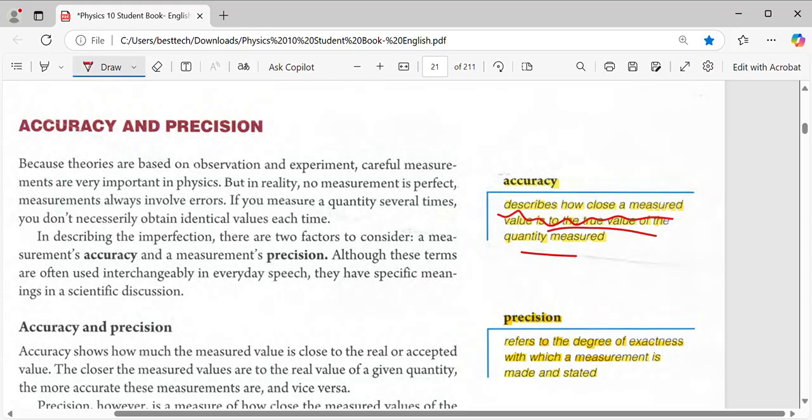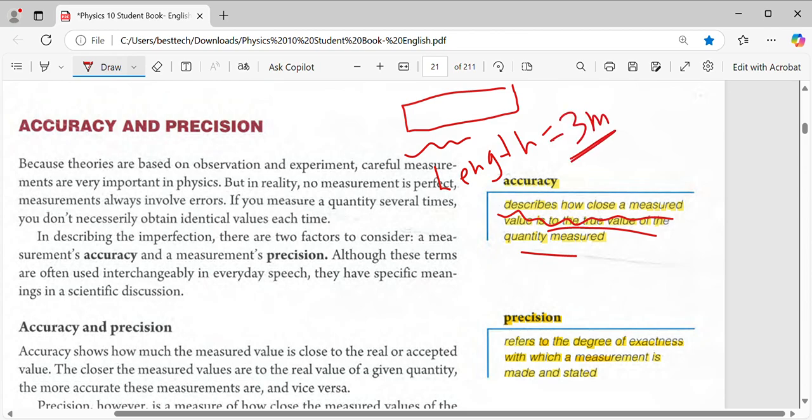For example, we have this object, and the length of this object is, for example, 3 meter. So this is the true value, or the original value.